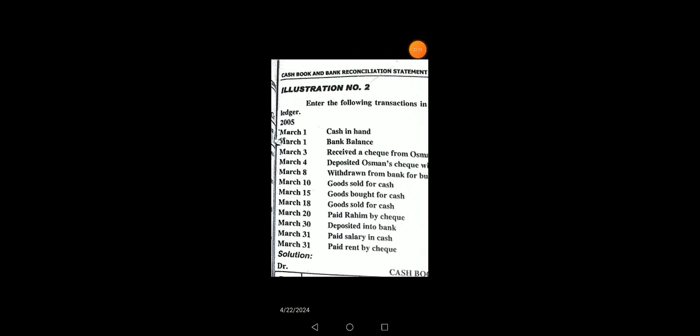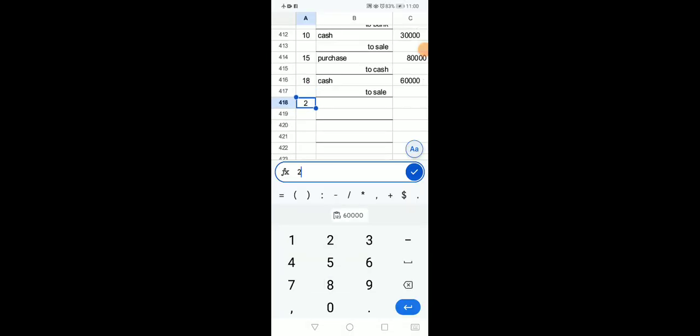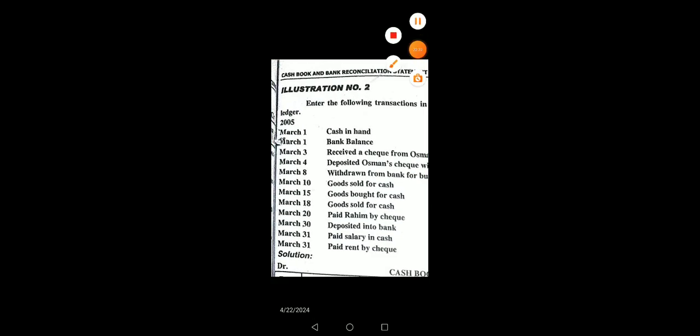Now let's see what is next for us. After 18, it's entry number 20. And we will write the date first. The date is 20. We have mentioned it in the date column. What entry number 20 is saying is paid Rahim by check. You have paid Rahim and the payment mode is check.